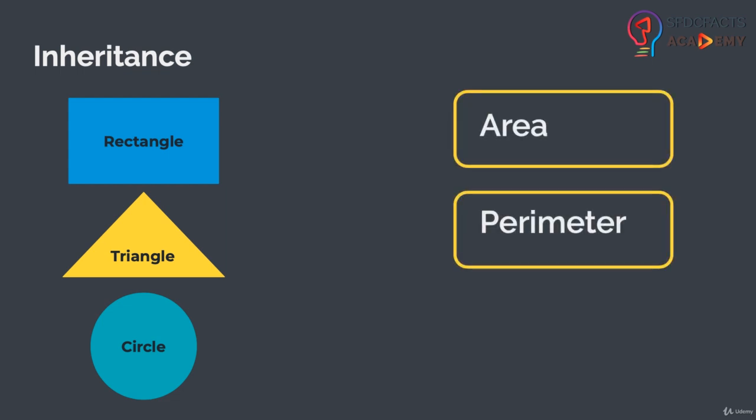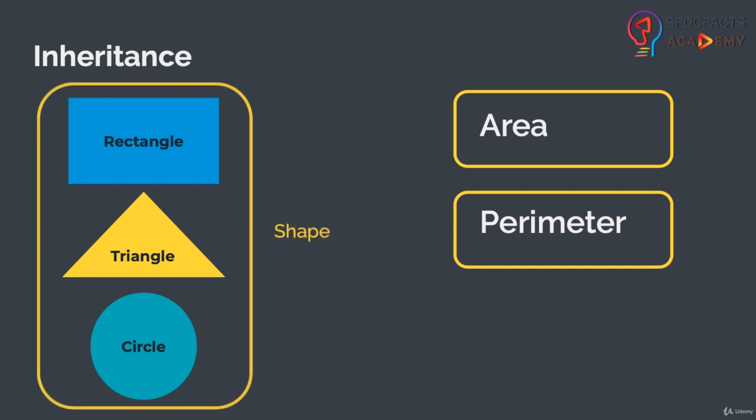Although the logic of area calculation and perimeter calculation cannot be same for all these different shapes, each shape can define their own formula for area calculation and the perimeter calculation. So we all agree that a rectangle or a triangle or a circle is nothing but a shape, and they all inherit some of the shape properties like calculating the area or calculating the perimeter.